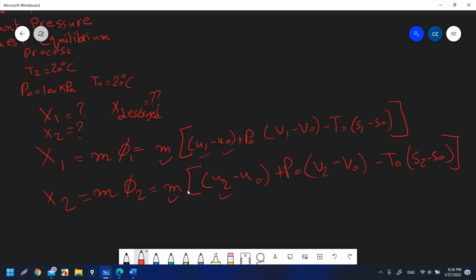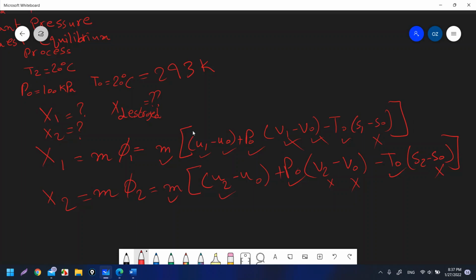I have P naught, but I don't have V1 and V naught. In the last question we were already given the specific volumes, but here we don't have them. We know that the temperature of the surroundings in Kelvin is 293 Kelvin, and we don't know the change in entropy. So we have a lot of unknowns. How can we find them?